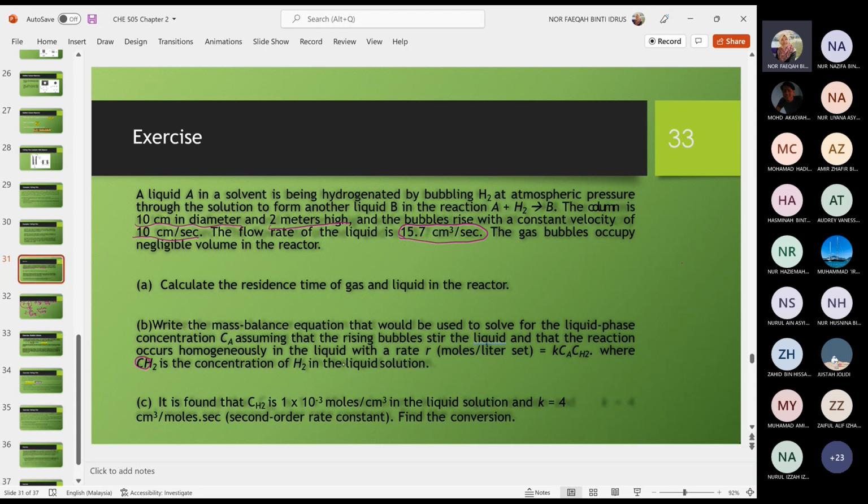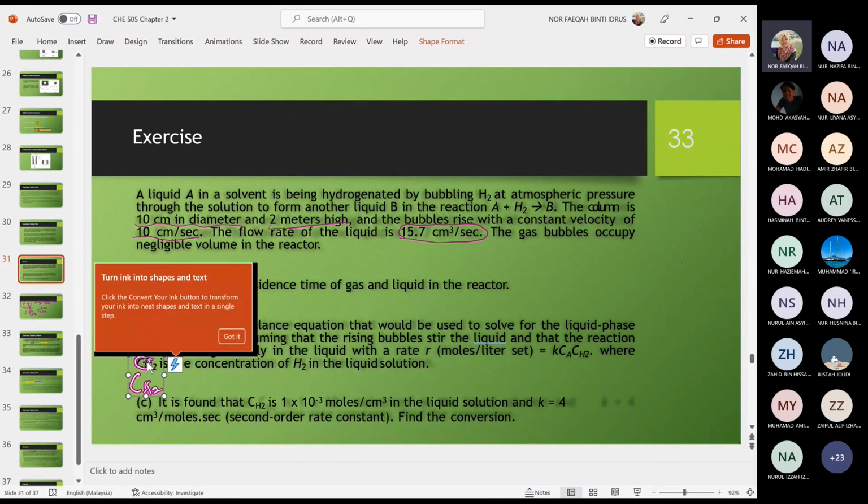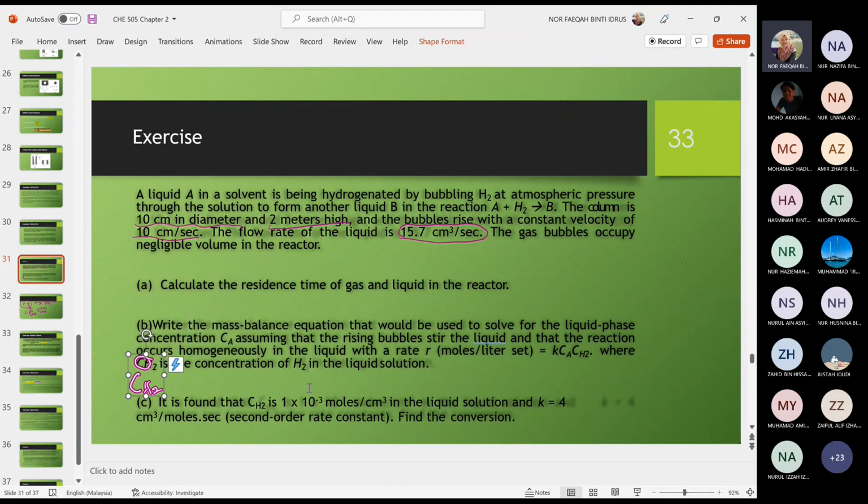So this should be CH2, concentration of H2 in liquid phase. I will correct this later. So it should be concentration of H2 in the liquid solution.